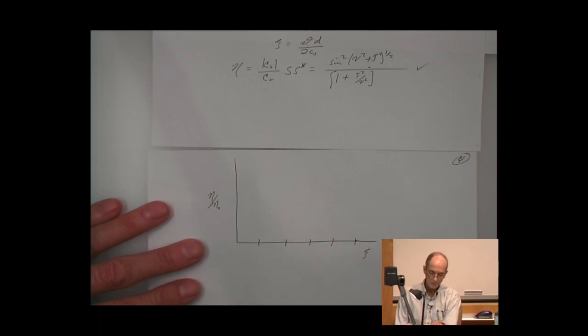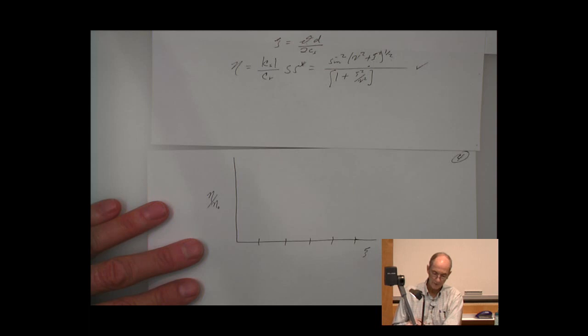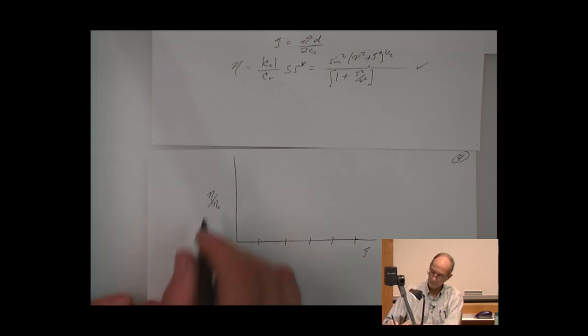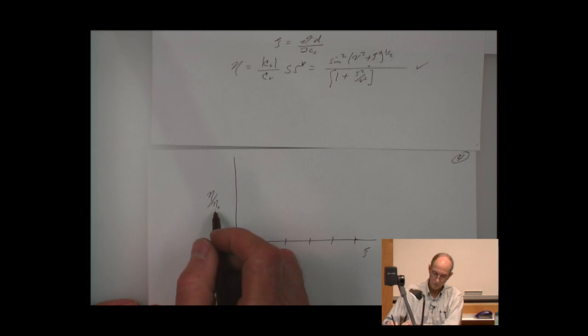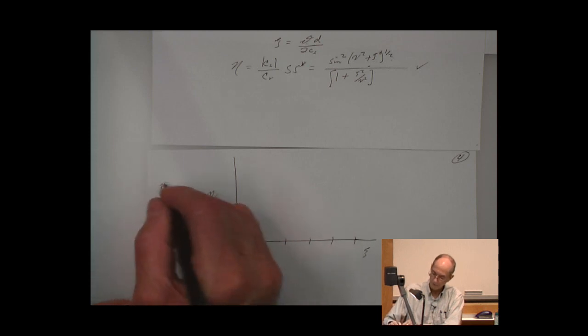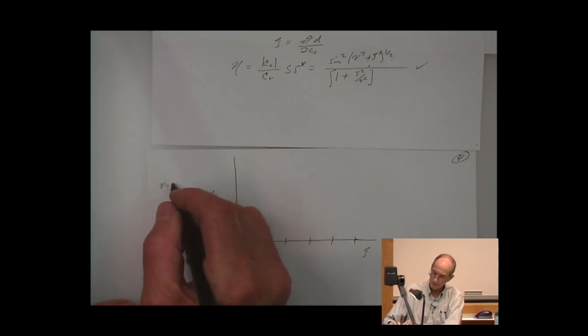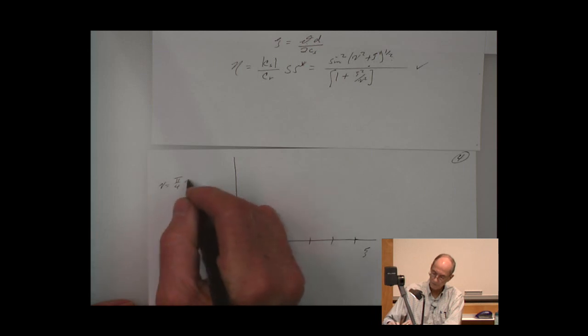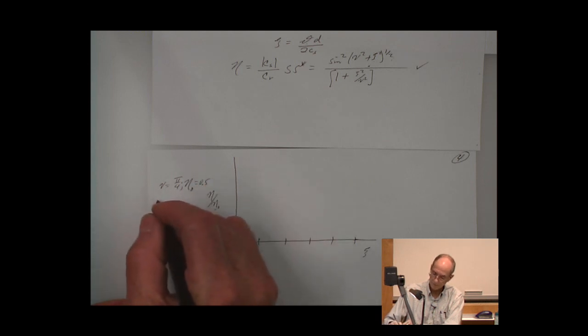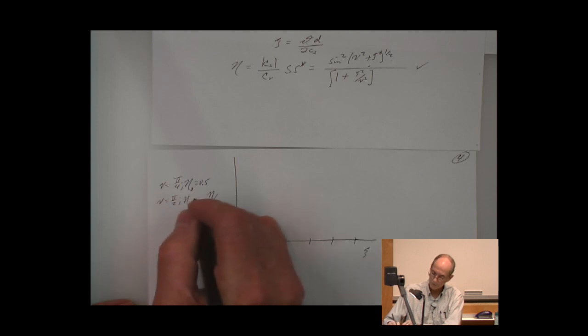And we can have a couple of different values for nu. So if nu is equal to pi over 4, the efficiency is going to be 50%. If nu is equal to pi over 2, efficiency is going to be 1.